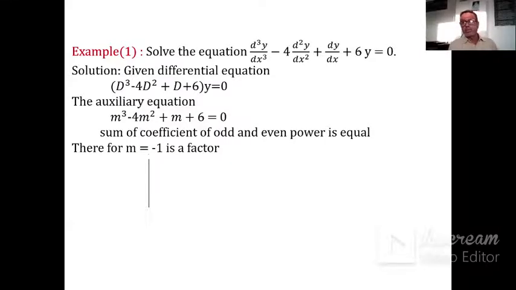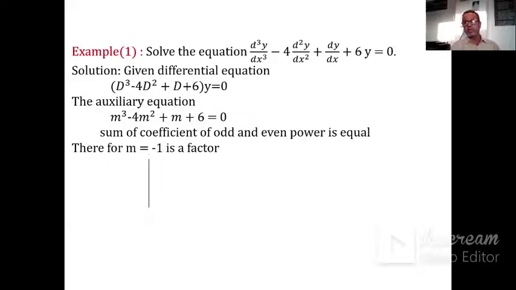Now we see another thing. The odd power terms are m cube and m, and their coefficients are 1, 1. Therefore, the sum of the coefficients of the odd terms is 1 plus 1, which is 2. And the even terms are minus 4m square and 6.